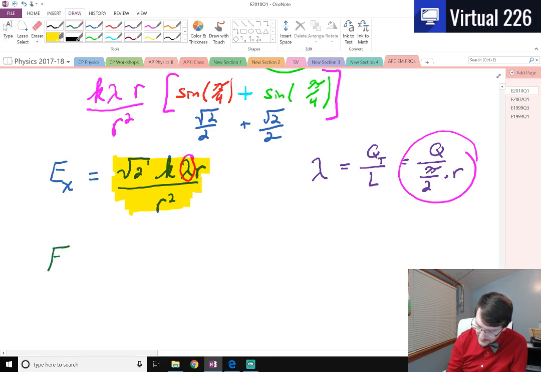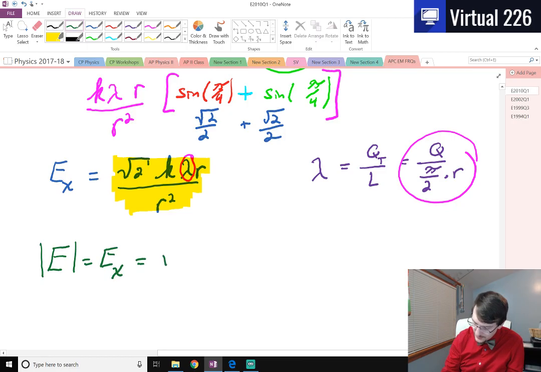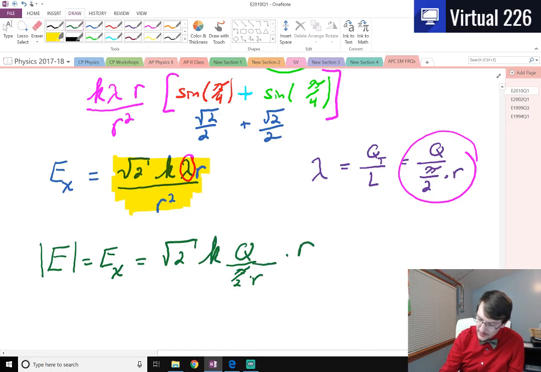We end up getting that our final solution, which is the x direction, is going to equal, well, if we write this out, square root of 2k, and then we're going to have q over pi over 2 times, with an r in the denominator, times r. These r's are going to cancel.